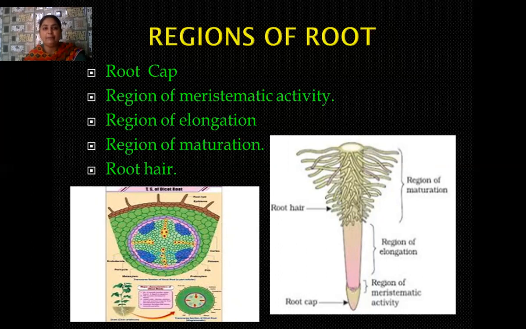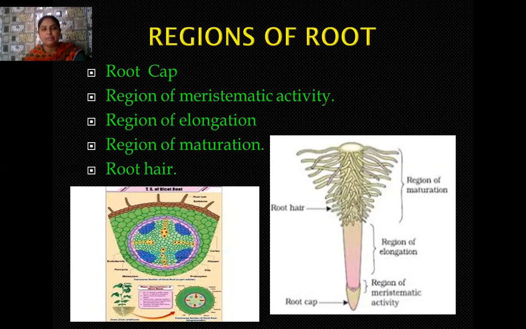Next to the region of meristematic activity, the next region is the region of elongation. As the name itself indicates, this particular region contains special type of cells in which some of the cells are showing meristematic activities, but certain cells are no longer performing meristematic activities. Instead, these cells get differentiated, and cylindrical type of cells are present.